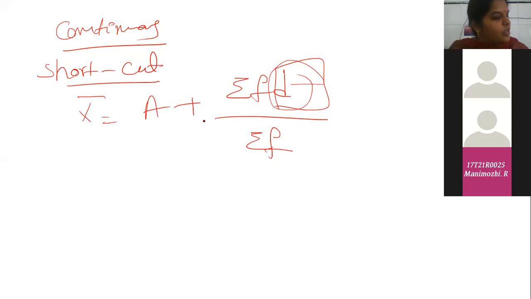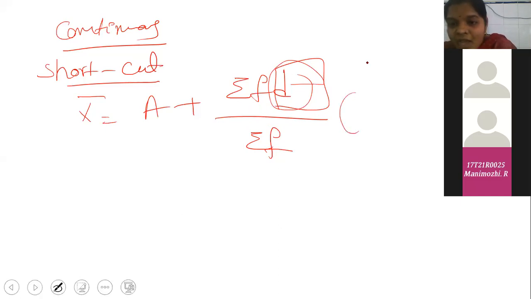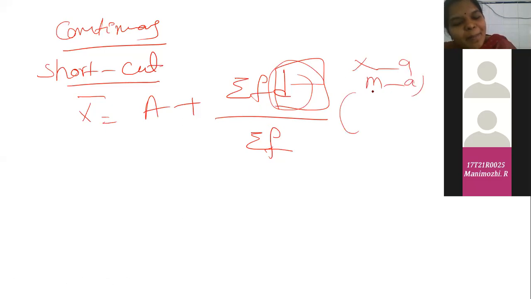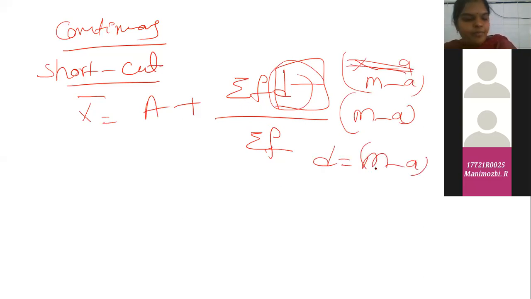So here you need to find out the deviations from x minus a or m minus a. M minus A, ma'am. Yes, because we are taking midpoints as intervals, right? Small d is equal to m minus a.